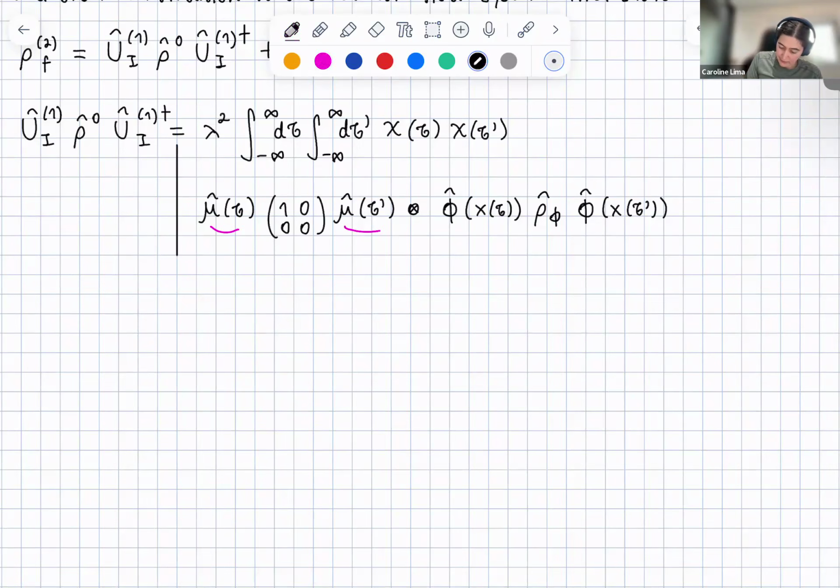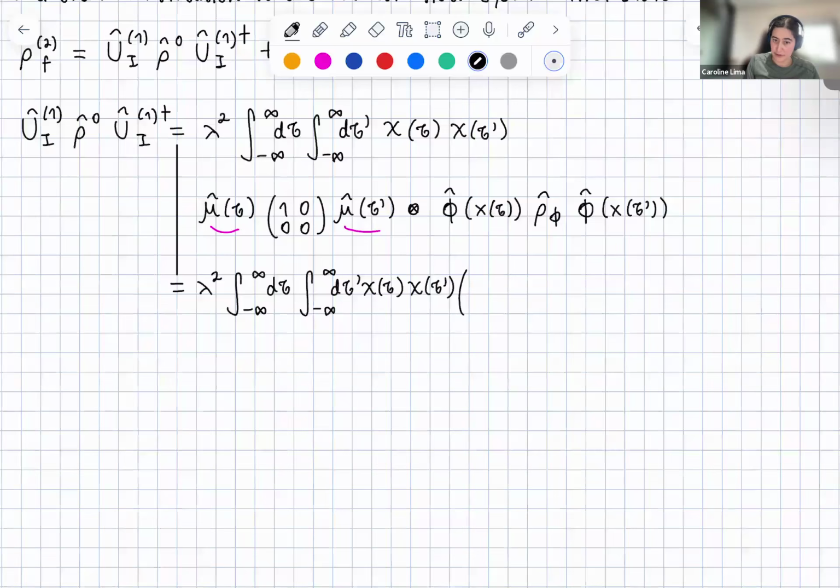So if you do the math, what you're going to find is lambda square, integral from minus infinity to infinity for both, and then I have a chi of tau, a chi of tau prime, as I had before.